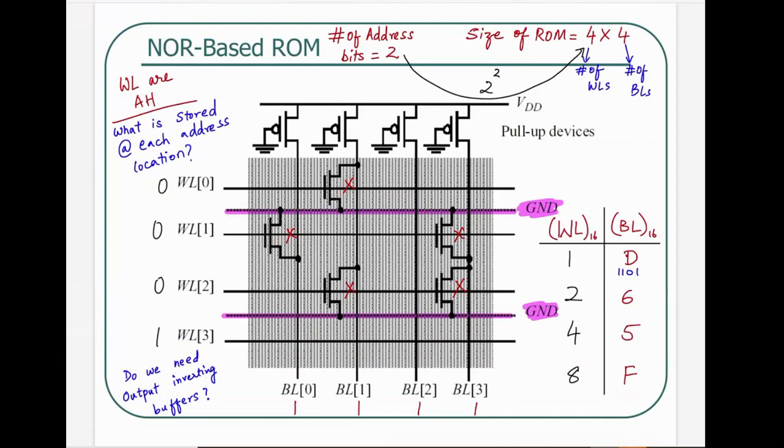So in this case, we would need output inverting buffers to get that, right? See, no transistor, you are storing 4 ones. But if you inverted all of those things, you would get 0, 0, 0, 0 instead. So wherever there is a transistor present, that can translate into 1 being stored at that location. You guys see that?